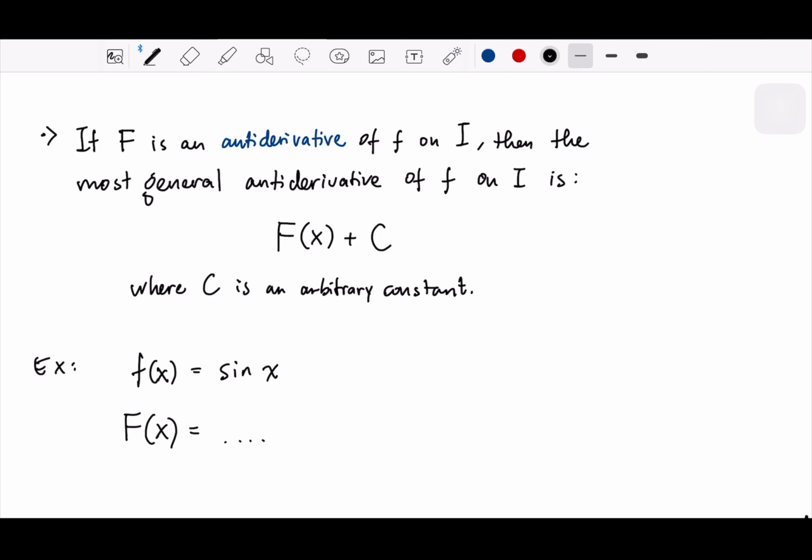When we derive, it becomes sine. We know that sine and cosine, every time we derive, have the form sine, cosine, sine, cosine. If we have sine and we derive, it becomes cosine. If we have cosine, we derive and it becomes negative sine.